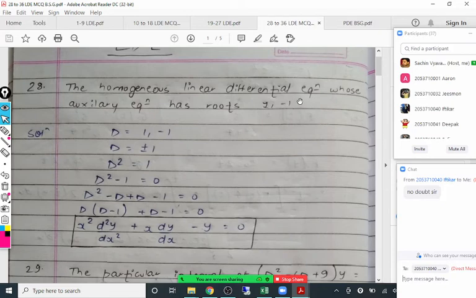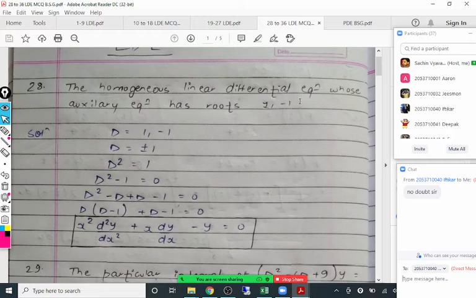Homogeneous linear differential equation whose auxiliary equation has roots +1 and -1. That's given. Is it given in the answer options? If the options are available in Cauchy's form, then that's okay.